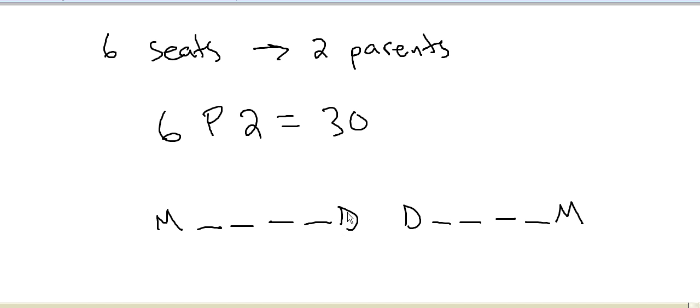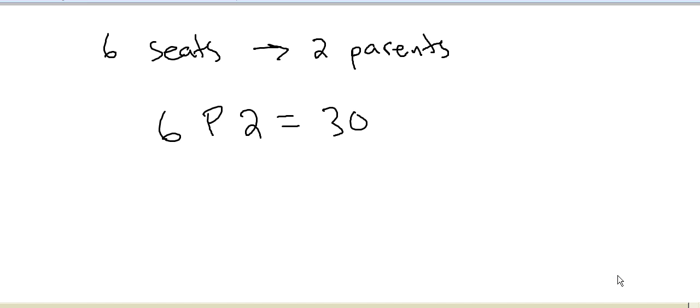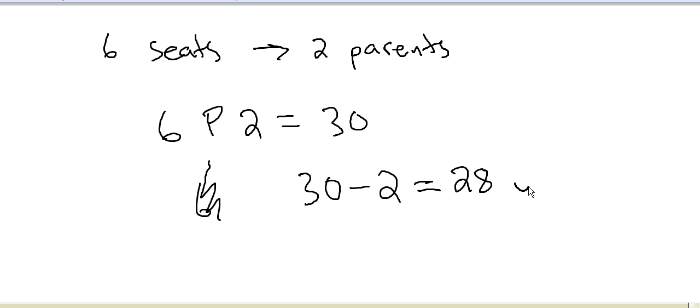These are 2 ways from the 30, but we excluded these 2 because the 4 kids are in the middle. So we would subtract them from the 30, and we would get our 28 ways.